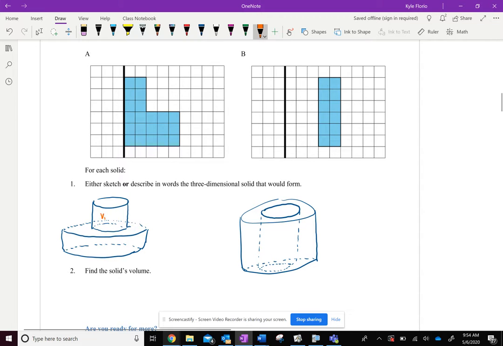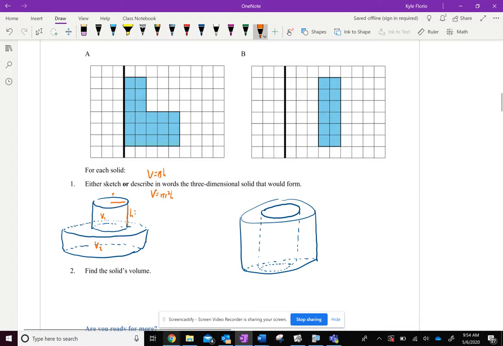I'm going to call this volume 1 and this bottom piece volume 2. The formula for the volume of a cylinder is still the area of the base times the height, and the base is a circle, so it's pi r squared times height. So I need the radius and the height.